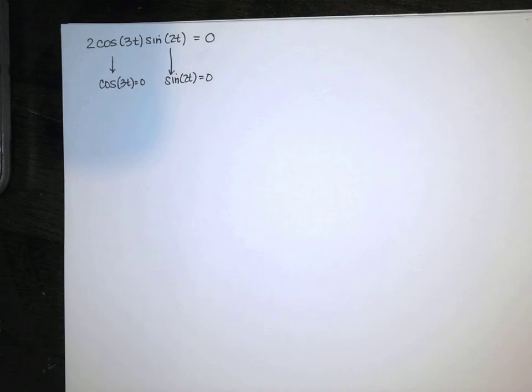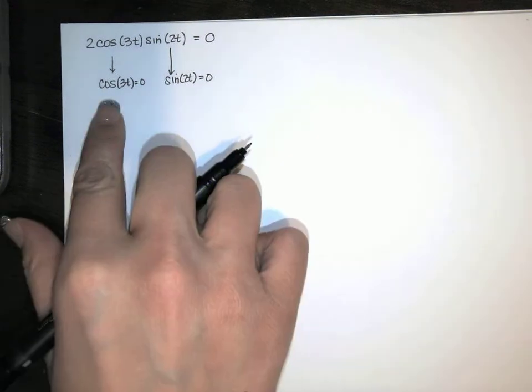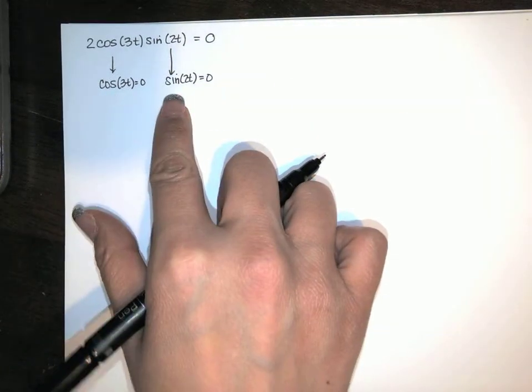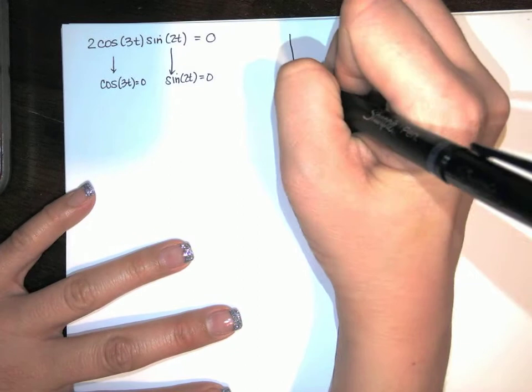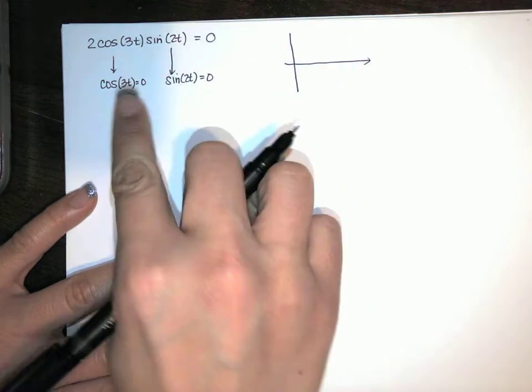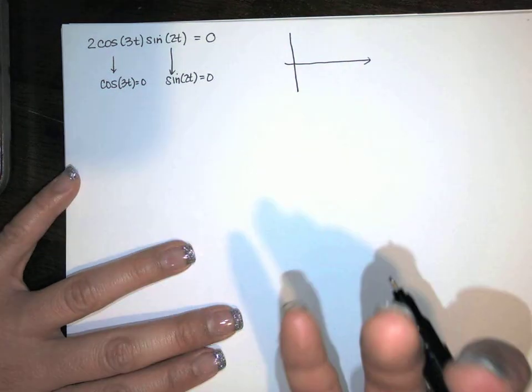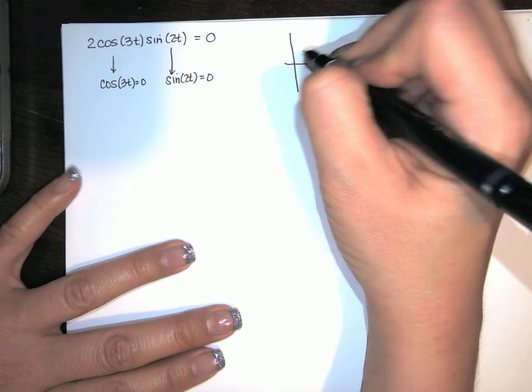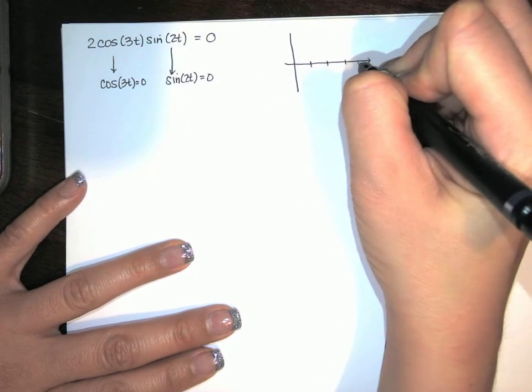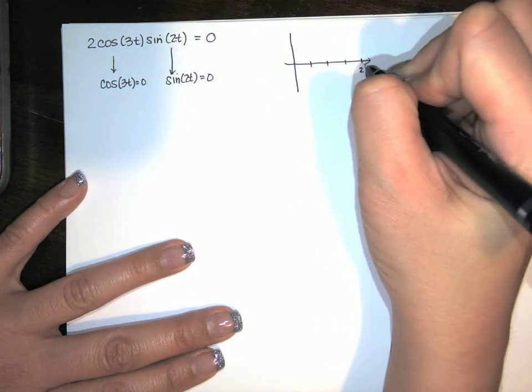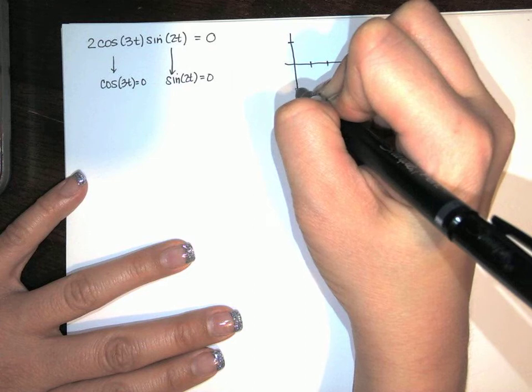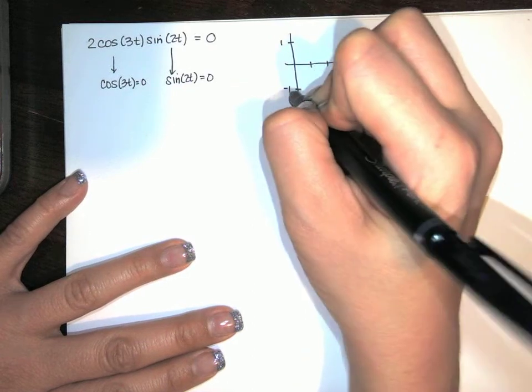And you might have to go back to trig, remember, when is cosine 0? When is sine 0? So I'm going to draw some curves. Now I'm not going to plug in the 3t or the 2t, I'm just going to look at cosine of theta and sine of theta. Cosine of theta looks like this. It repeats every 2 pi. It starts at its max of 1.